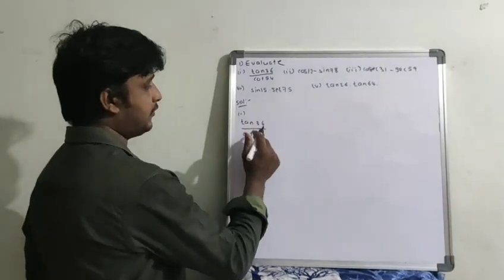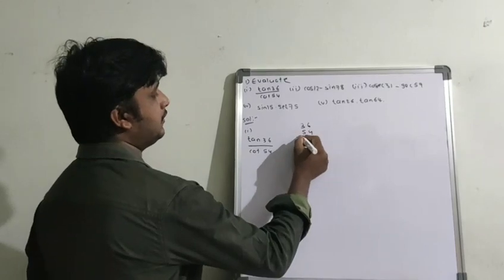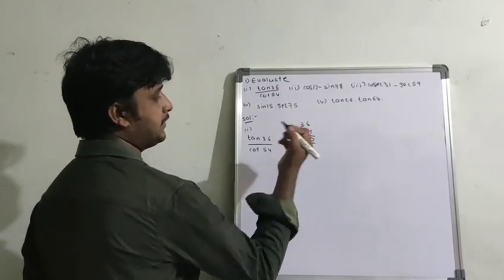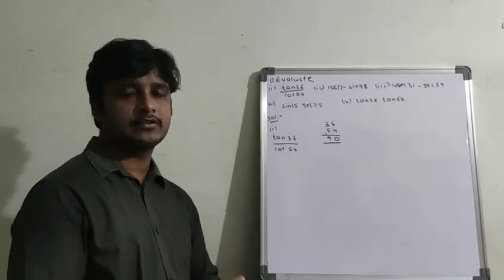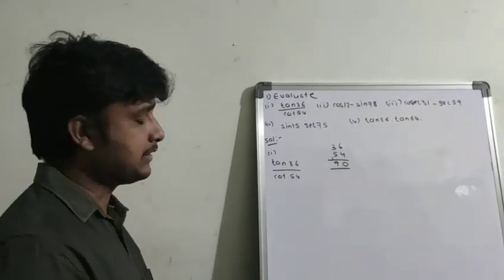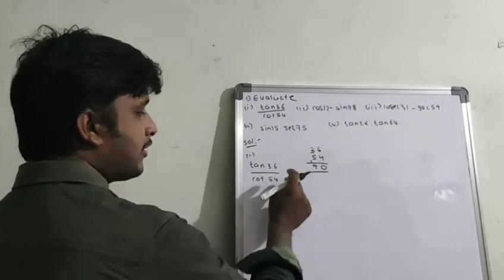For your clarification, if you add 36 and 54, you will get 90 degrees. Yes or no? So the sum of these two angles is 90 degrees, so this question is based on the complementary angles concept. You have to change either the numerator or the denominator.